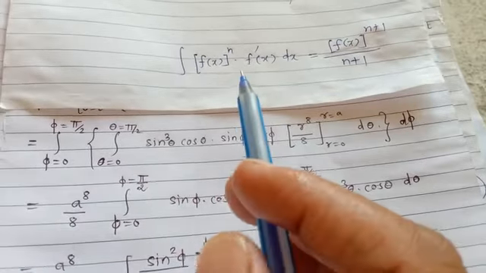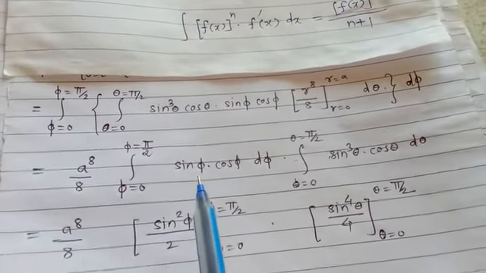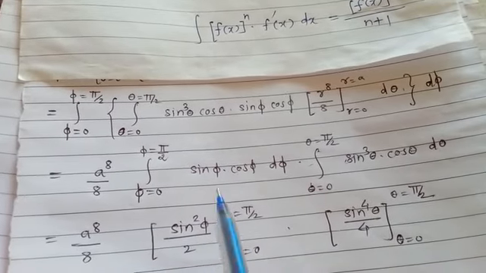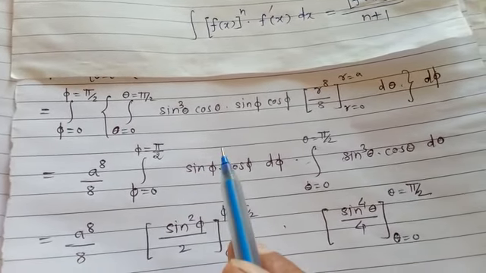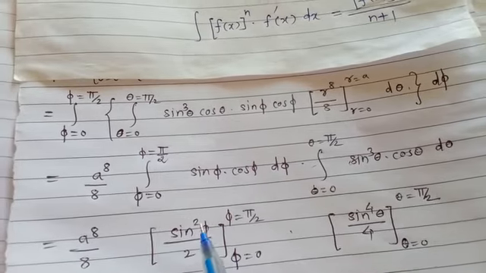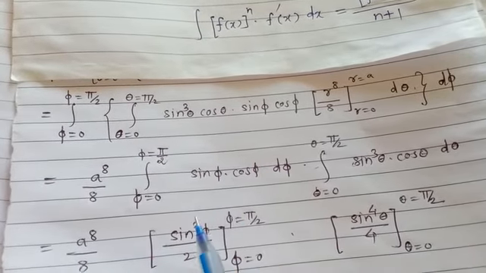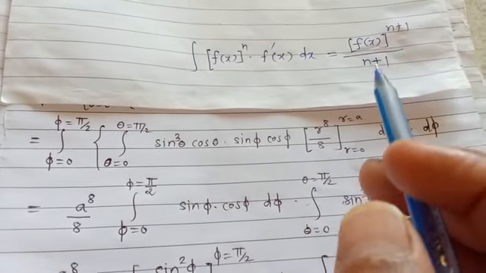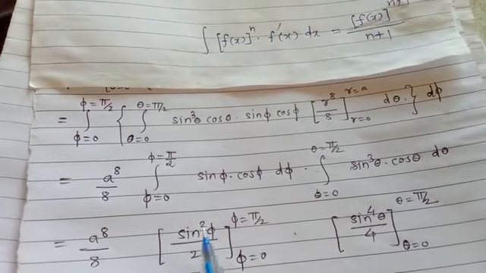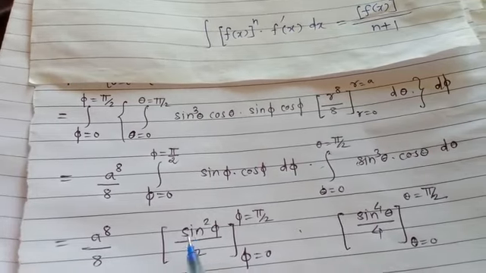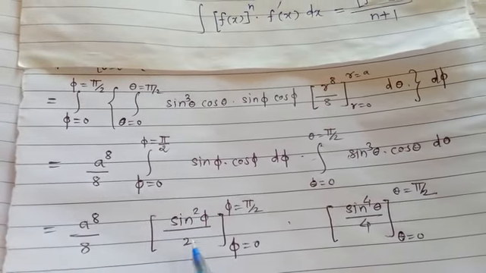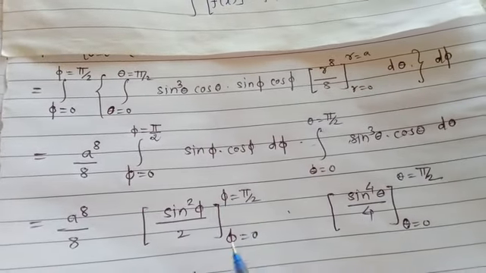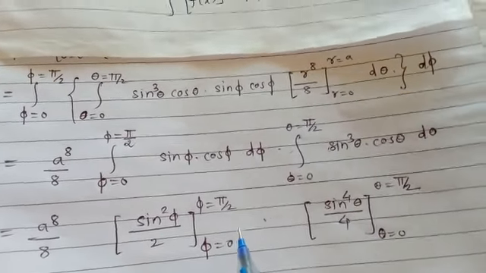Then the integration of this will be sin² phi upon 2, that is f(x) raised to 1 plus 1, upon 1 plus 1, since here n value is 1. So the value of this integration is sin² phi upon 2, with upper limit phi equals pi by 2 and lower limit phi equals 0.